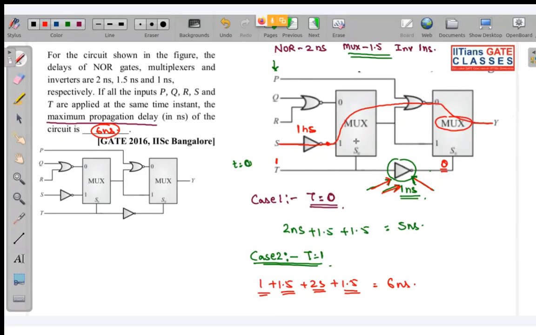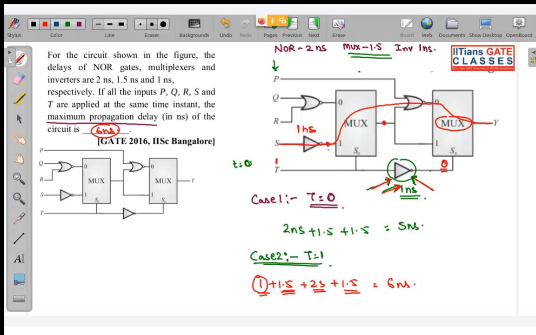Now you might argue, sir, that over here this is 1 nanosecond, so the input of this mux is getting ready after 1 nanosecond. Now this mux will produce the output after how many nanoseconds?